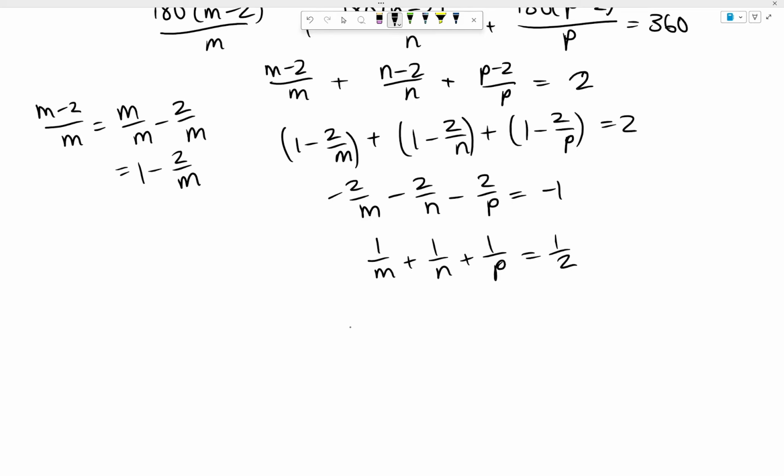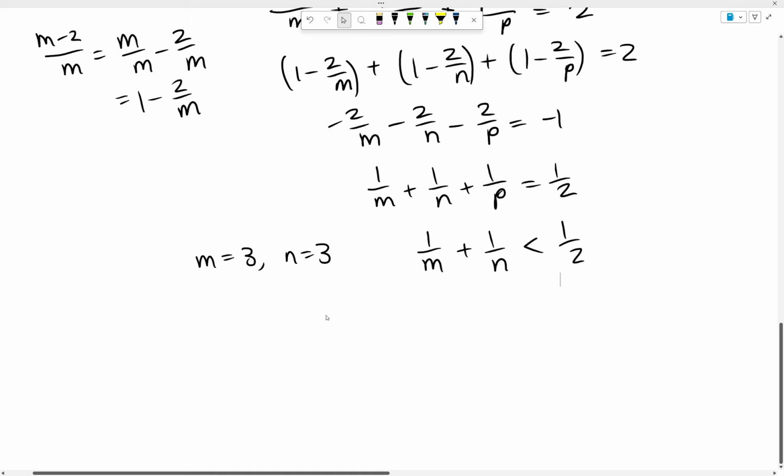So I'm just going to see what happens when m and n are equal to 3. That would give p as being negative, so that's not going to work. So from that, I'm going to have to observe that 1 over m plus 1 over n is less than half.